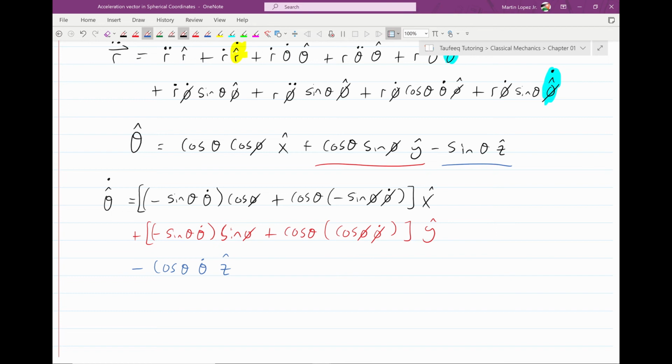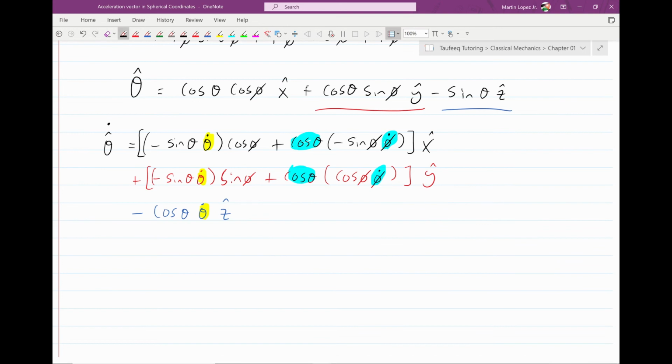Okay, wonderful. Now again, we're going to factor out and group. So we have a theta dot in all of these, and then we have a cosine theta and a phi dot in these. So let us factor.